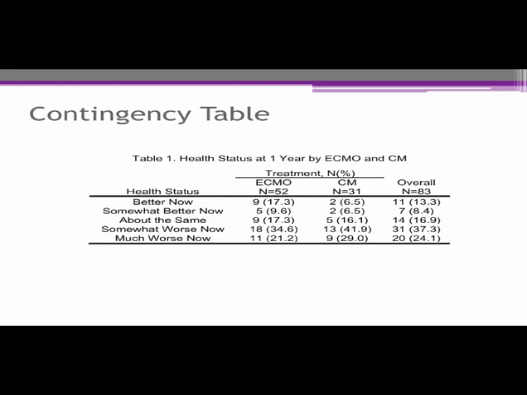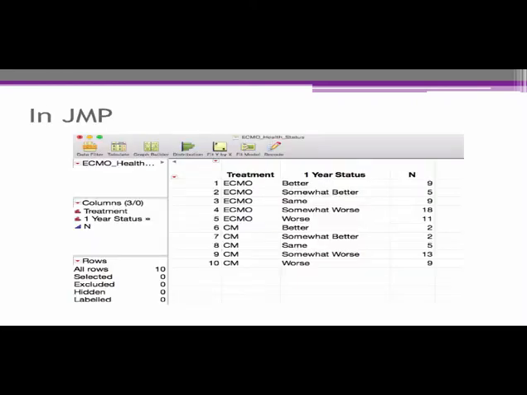And is 21.2 different from 29.0? In JMP, we can do this with the frequency table. Because we have 5 by 2, we'll have 10 rows, 5 for ECMO, 5 for CM, each with the 1 year status variables, and then of course our frequency column of N.